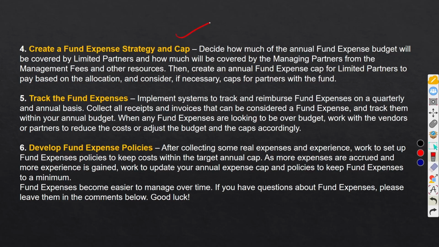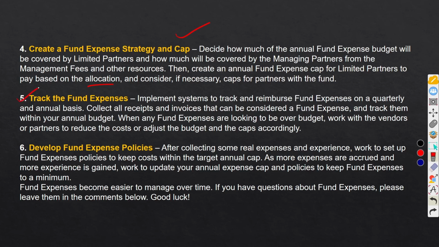Decide how much of the annual fund expense budget will be covered by limited partners, and how much will be covered by the managing partners. So decide it within the partners, and then you can allocate it, because as an accountant your main job is not to design the expenses. Your job is to record the expenses in the books of account, right?